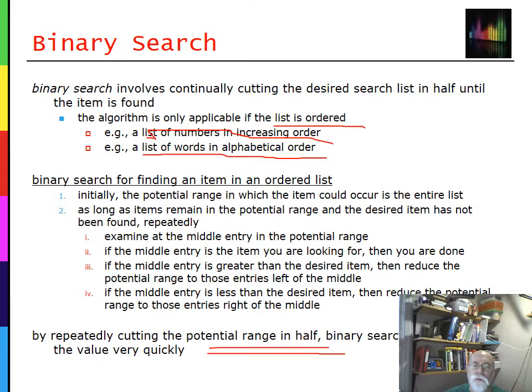If the middle entry is greater than the desired one, then reduce the range to the left of the middle and find the middle of that new range and start all over. And eventually you'll go, it's less, it's less, it's less, up, it's higher, boom, I got it.